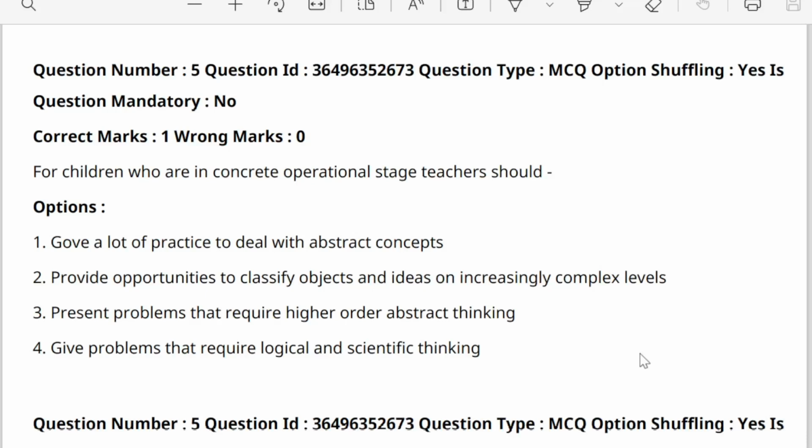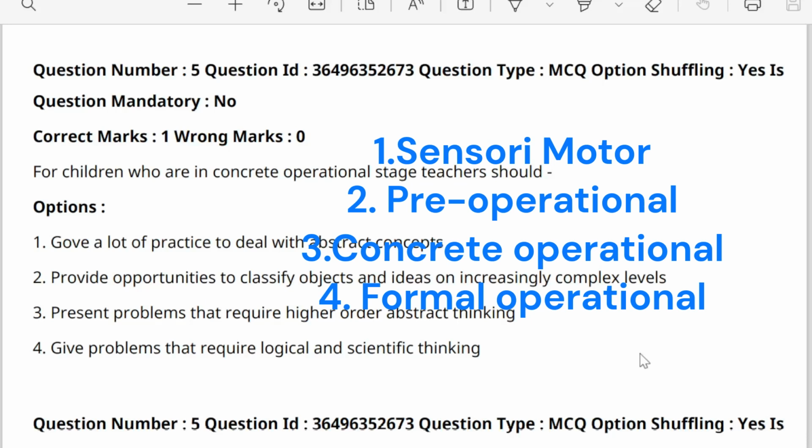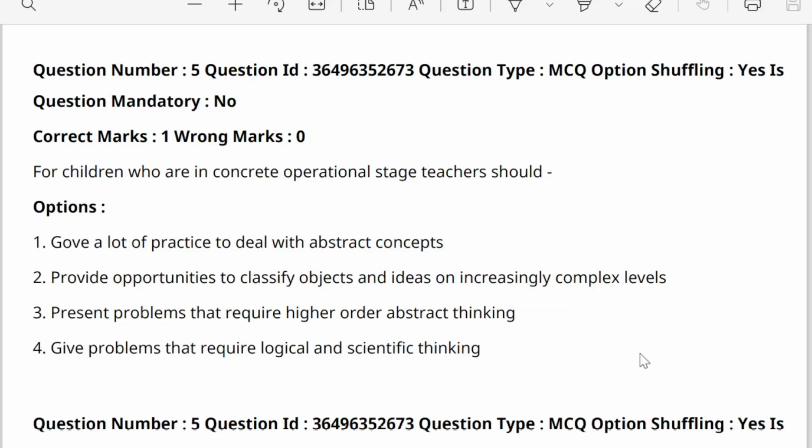So this relates to Piaget's theory of cognitive development, and there are 4 stages in Piaget's theory. We have the sensory motor stage, the pre-operational stage, the concrete operational stage, and the formal operational stage. So children in the concrete operational stage can already do logical reasoning. This is the children between the age of 7 to 11 years, but they cannot think abstractly. They can only think operationally through concrete objects.